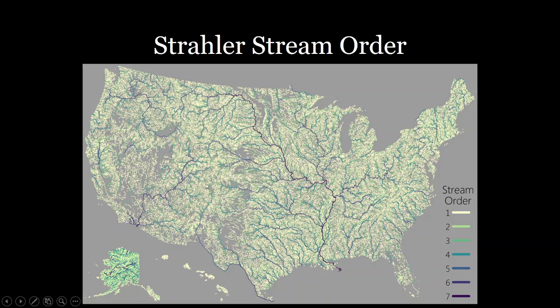As you get to more and more complex drainage networks, you can have larger stream orders. It's a good way of categorizing a stream, and a lot of government legislation dictates different regulations based off of the Strahler stream order like this.